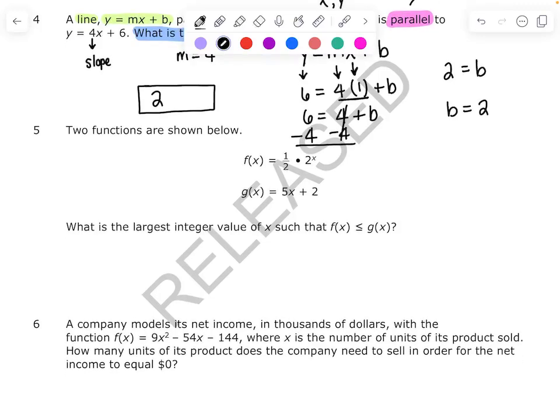Okay, for number 5, it says two functions are shown below. f of x equals 1/2 times 2 to the x power, and g of x equals 5x plus 2. So the goal here is for students to recognize that this is an exponential function.